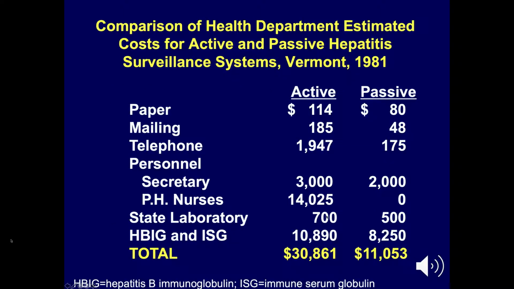And you'll recognize this slide from a prior lecture. It really reflects a cost analysis of different scenarios and different ways of running a surveillance system. The cost of running an active surveillance system for hepatitis, or a passive one.